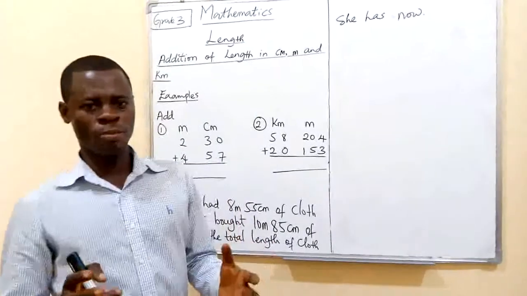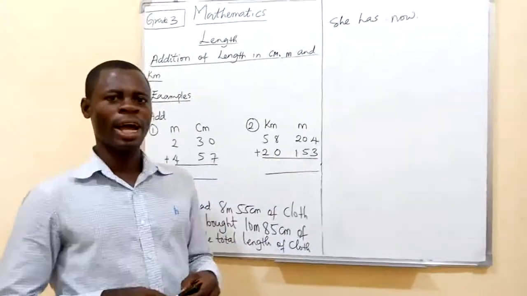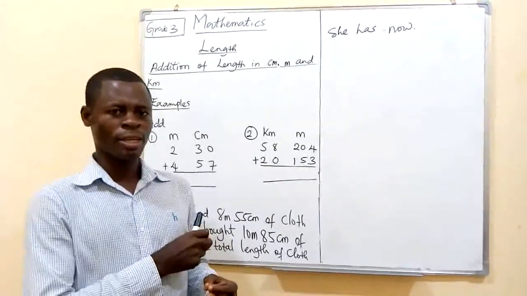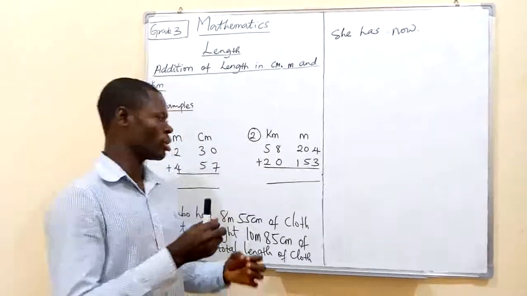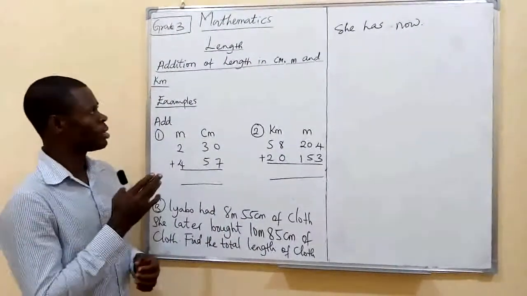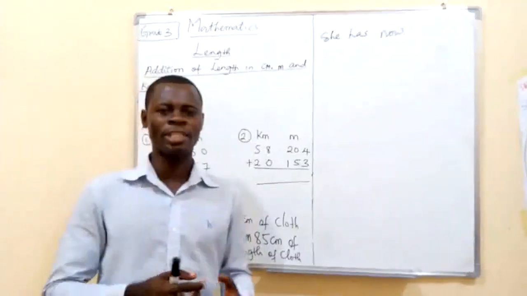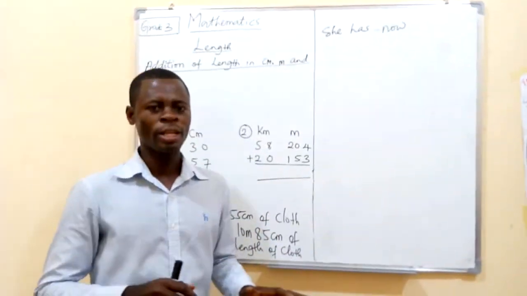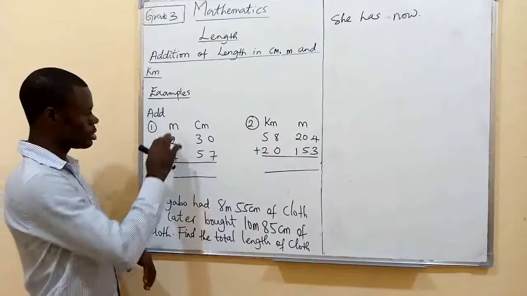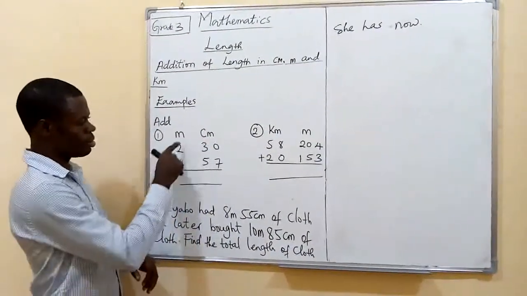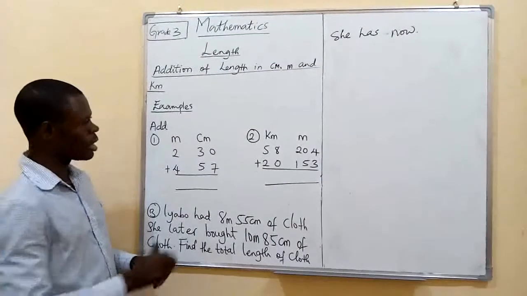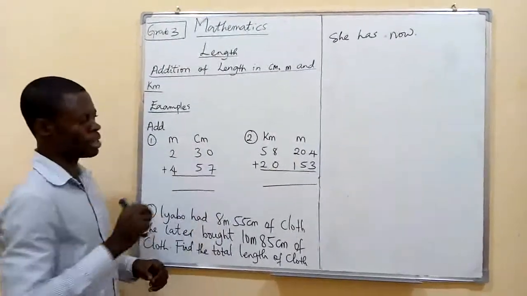Let me bring to your knowledge that addition of length in centimeters and meters is the same thing as normal addition. There's no difference. The only difference is the symbols we have here. Where you have m, you know it's meter. When you have cm, you know it's centimeters.